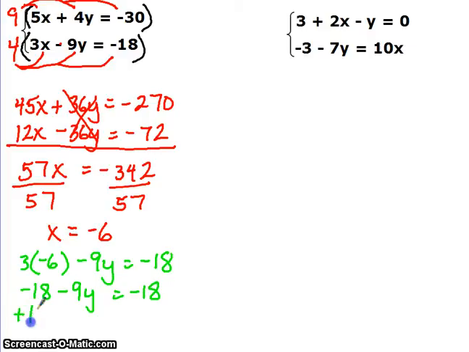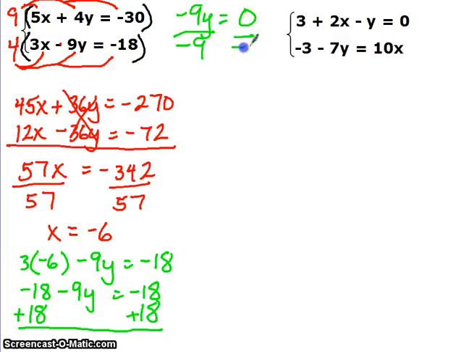We need to add 18 over here to cancel it out, and adding 18 over here cancels that out as well. So that gives me negative 9y is equal to 0. And even after I divide by negative 9, that's not going to change my answer. Y is going to equal 0. So my solution here is negative 6, comma 0.